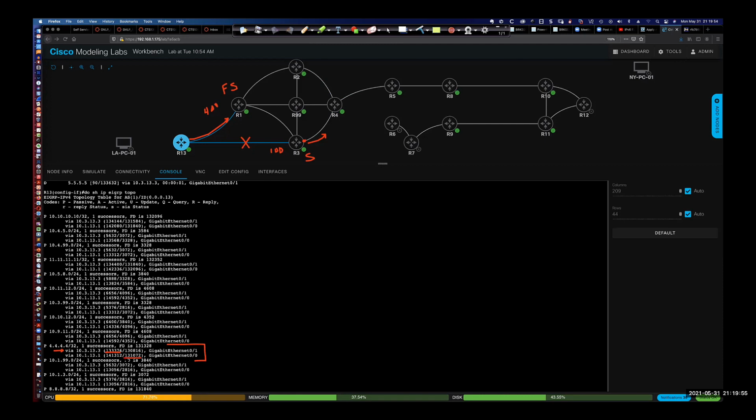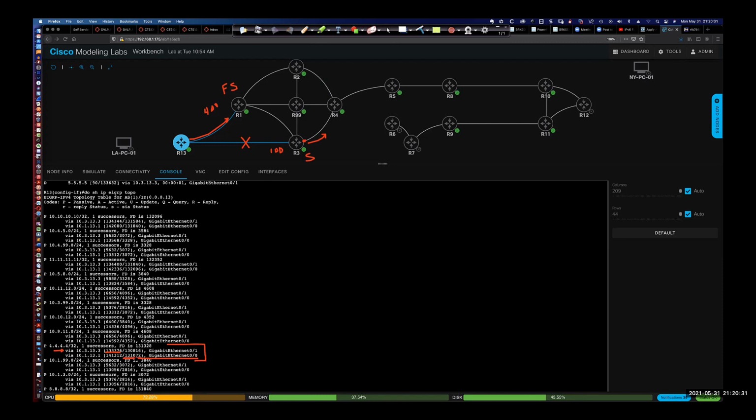So what we're saying here is, for a route to be considered a backup, the reported distance that's received, right? So router 13 is receiving the reported distance of 131,072 from router 1. So router 1 says, hey, I want to be the backup, and I'm reporting to you that the distance to get to that loopback address on router 9 is 131,072.